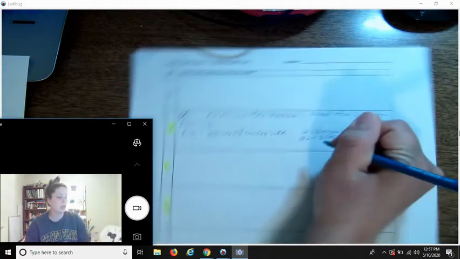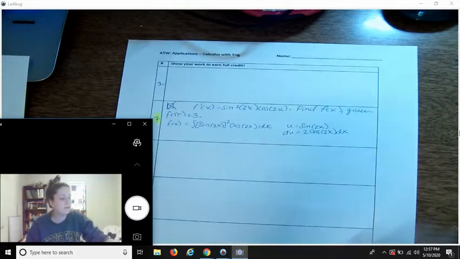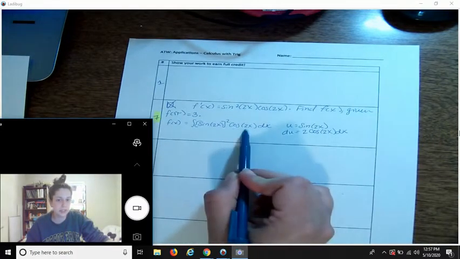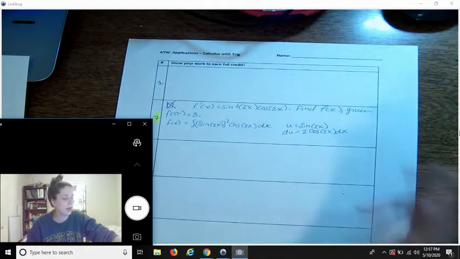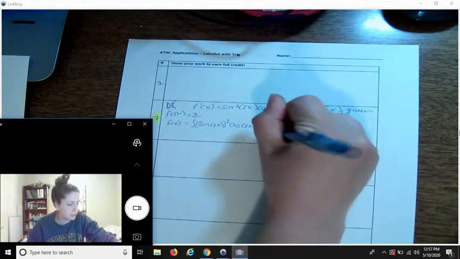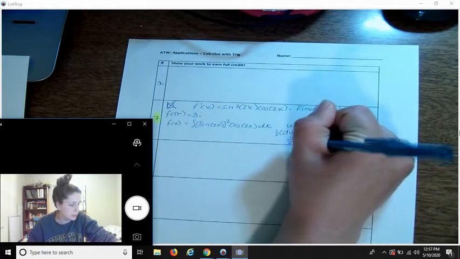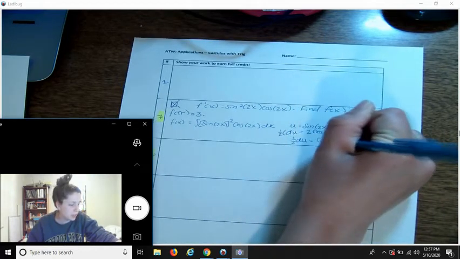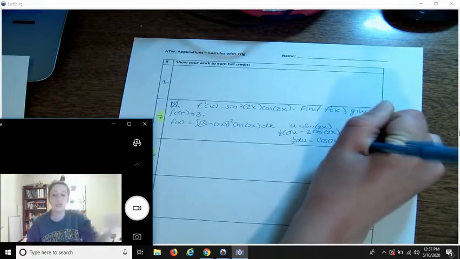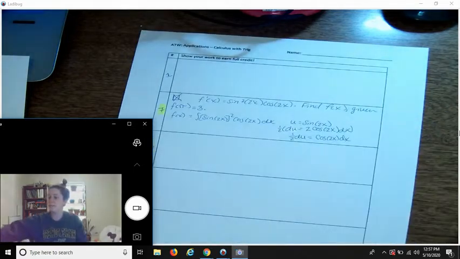Okay, so that's our du. We have just cosine 2x dx here, so we want to multiply by 1/2 on both sides to get rid of that 2. So 1/2 du is equal to cosine 2x dx, just like we have in the problem.